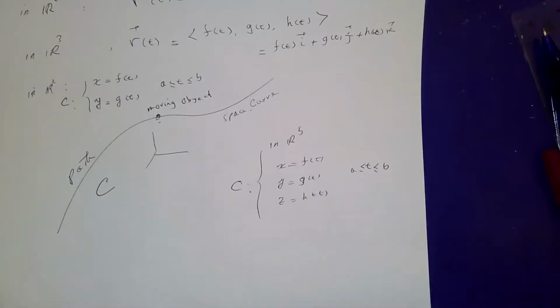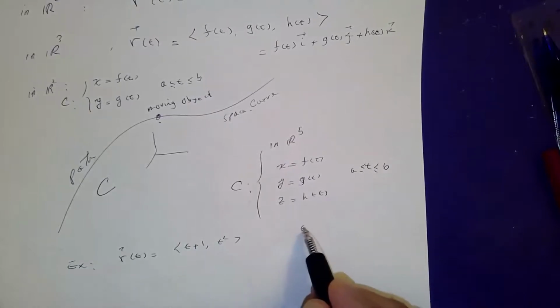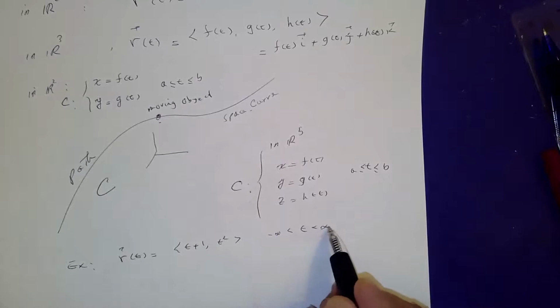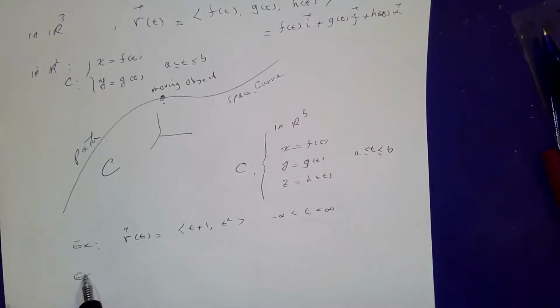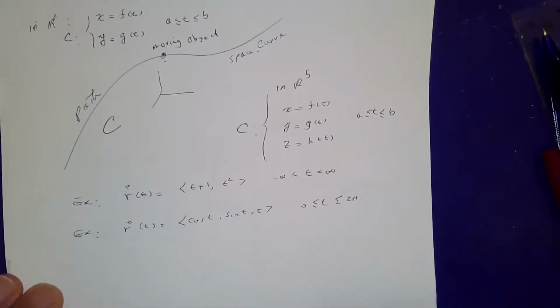A quick example: I can have r of t equals t plus 1, t squared, where t goes from negative infinity to infinity. Or an example in three dimensions, like cosine of t, sine of t, and once again let's say t goes from 0 to 2 pi.